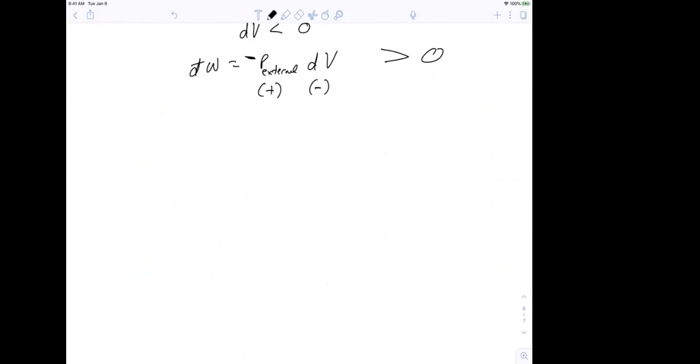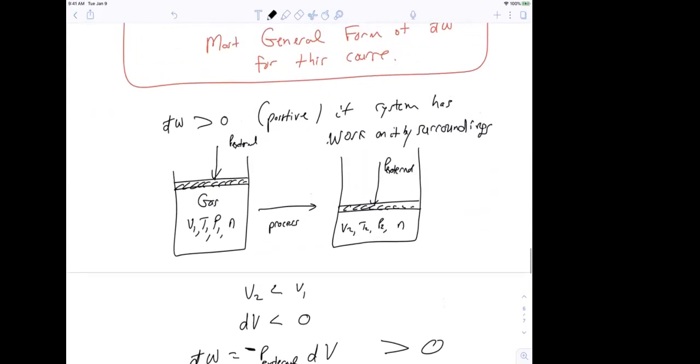Okay, I've been very stubborn about having this line along. So let's do some examples, or maybe a very simple example in the remaining time that will illuminate 2 points at least about work. Okay. So let's see. How shall we do this? Let's go back to dW is equal to minus P external times dV.